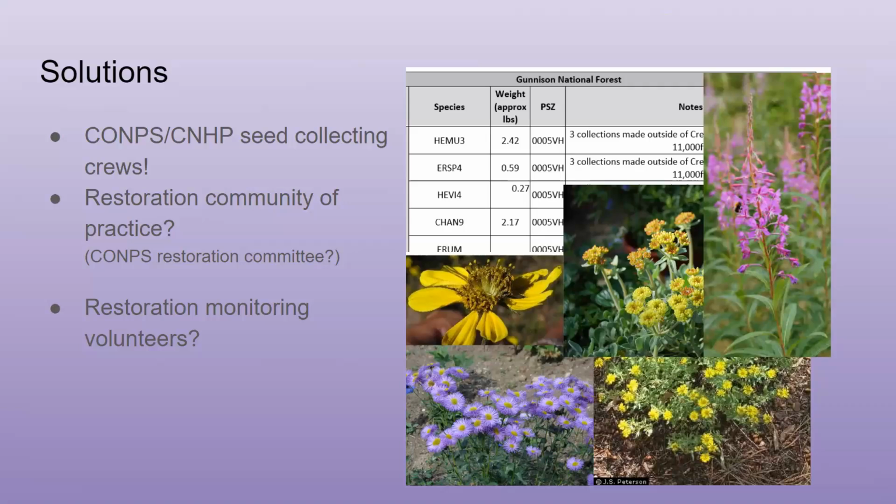I think a restoration community of practice would be really cool. I didn't know that CONIPS had a restoration committee until I saw Maggie's presentation. I saw her slides ahead of time, so I had a little bit of a warning.